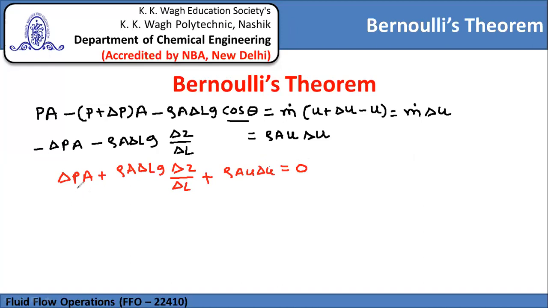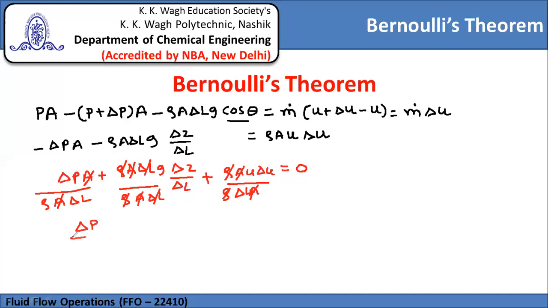So if we divide both sides of this equation by the term rho A delta L, the area term will get cancelled, rho area and delta L will get cancelled, and here the rho area term will get cancelled.